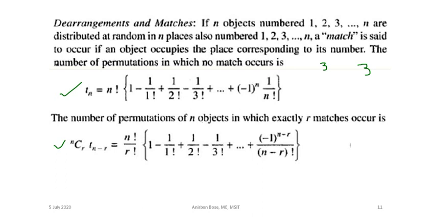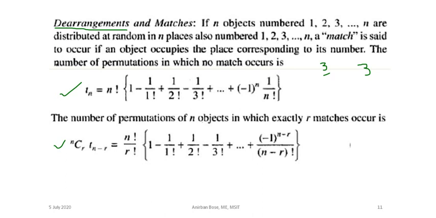These kinds of problems are called de-arrangements, and for them we are not going from first principles. This is a very conceptual and involved problem, but I suggest remembering this formula, because these problems are very common in competitive examinations. If you remember this formula, you can easily do it.